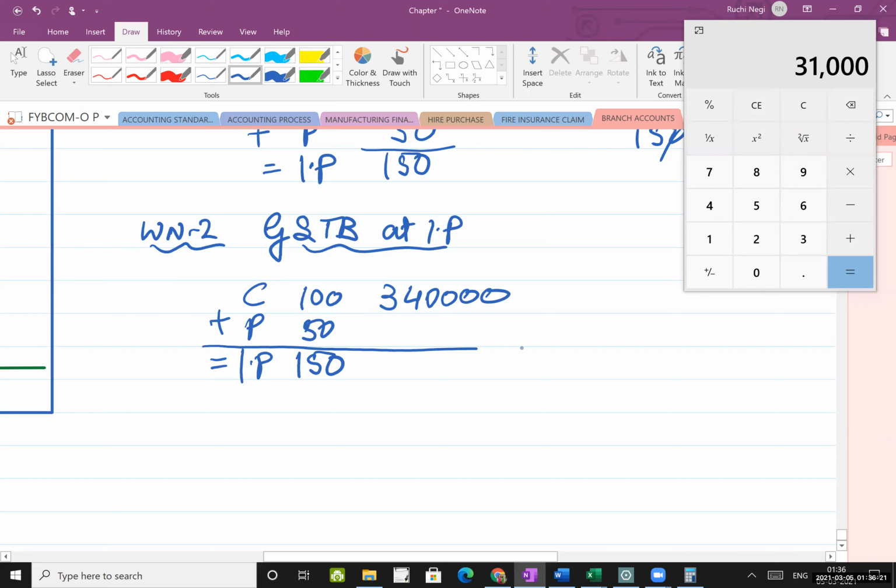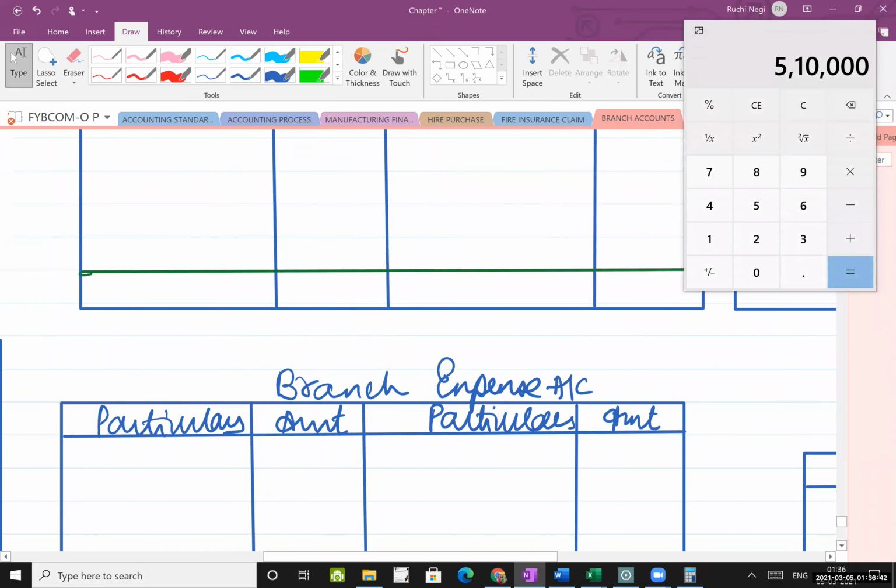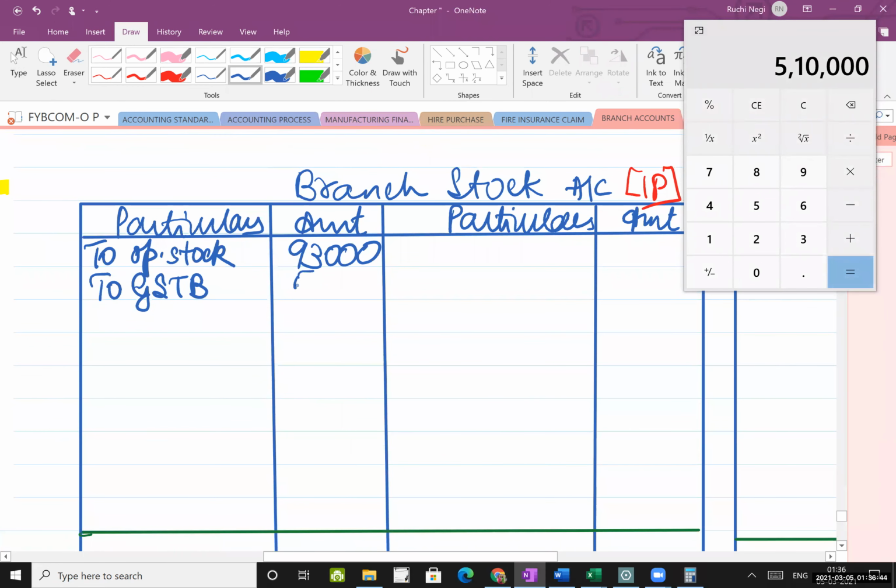Cross multiply, you will get your answer. So 150 into 3 lakh 40 divided by 100. My answer is 5 lakh 10,000. So please write it here, 5 lakh 10,000, and write your working note number 2.